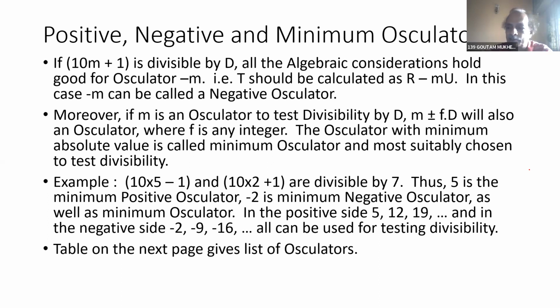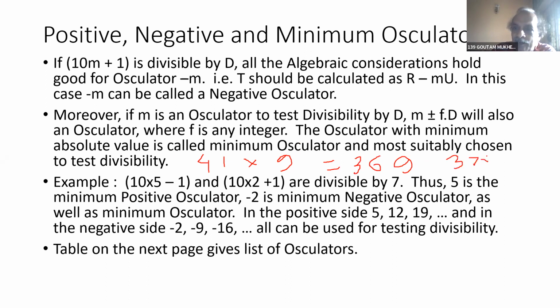I find that 41 into 9 is 369, the same logic as earlier, the positive and negative method. So this becomes 370 minus 1.